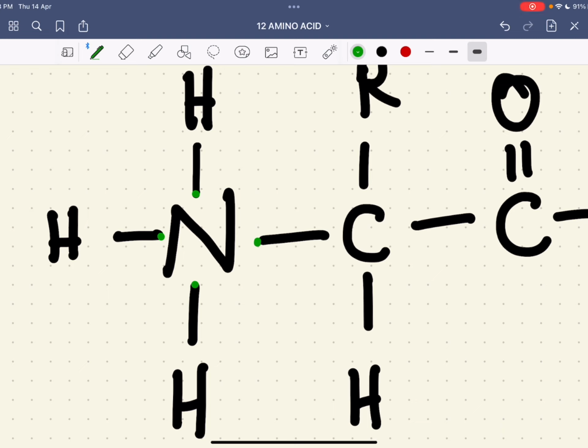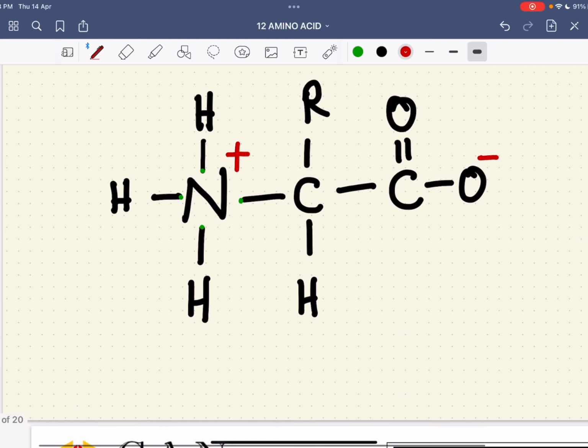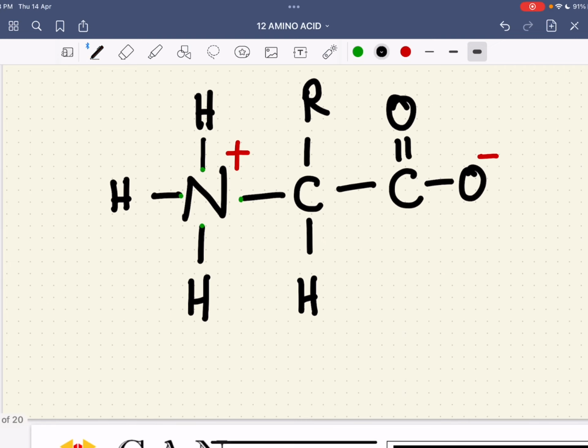But now only 4 electrons surround it, less 1 electron, which makes this nitrogen become positive. So let's take a look back. As you can see here, these are the 2 charges that we are talking about, and this is what we call zwitterion.